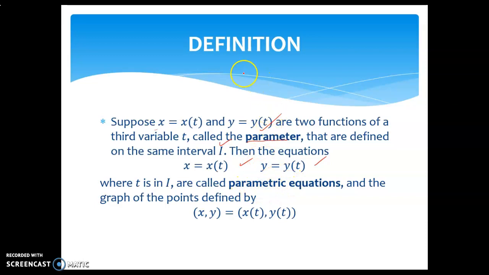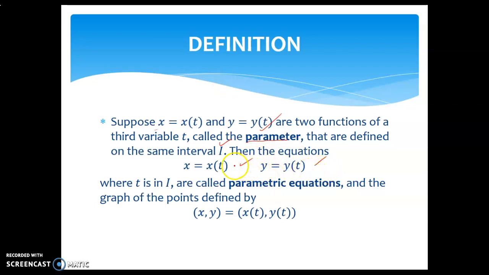Parametric equations are very useful for curves, or for equations that are not functions. An equation of a circle does not meet the vertical line test. Some equations of a parabola do not meet the vertical line test. For this type of curve, or equation, that does not meet the vertical line test, we use parameters.